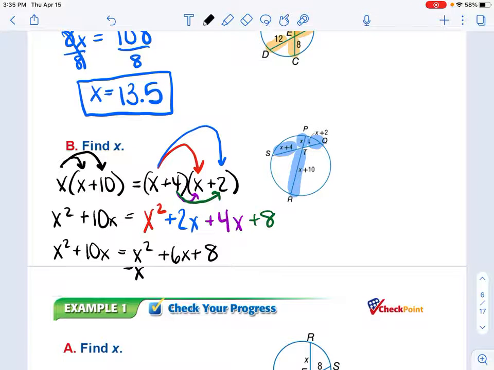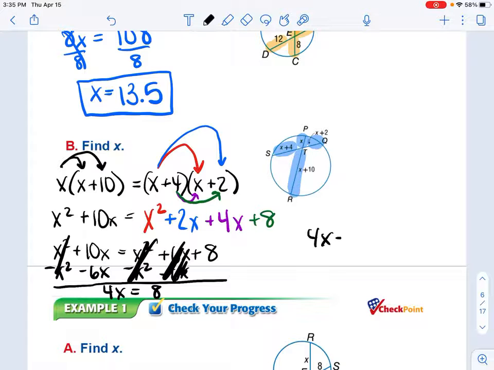And then we can solve. Now it happens to turn out that our x squareds cancel. That means that we don't actually have to use the quadratic or factor this time. We can just go ahead and solve like normal and get that x is equal to 2.